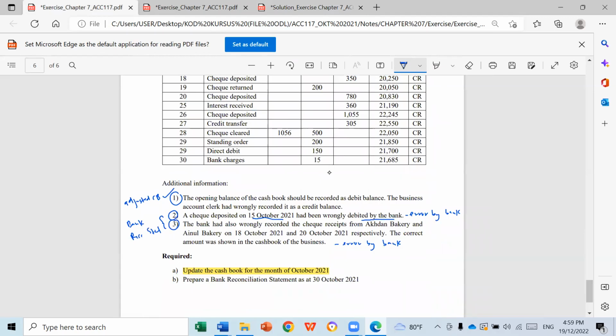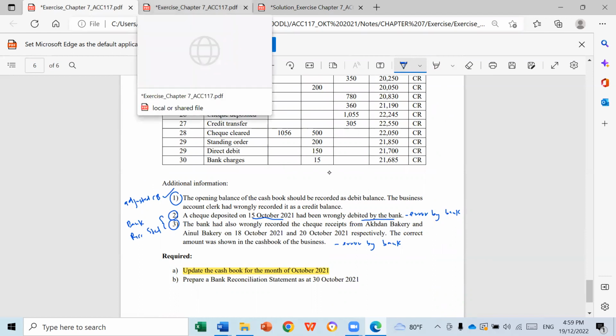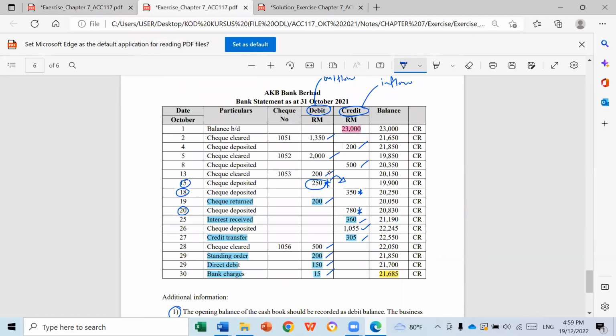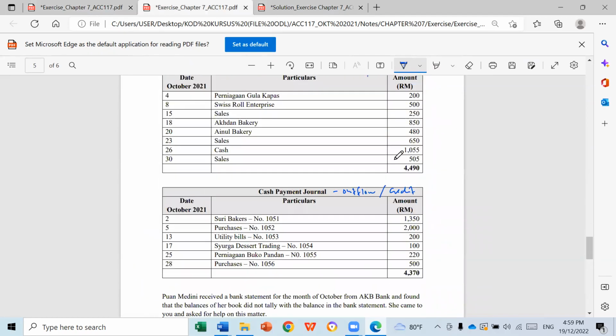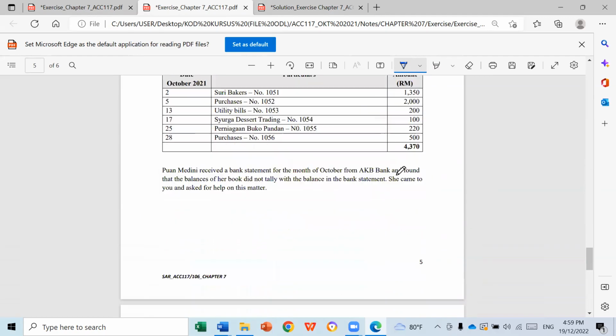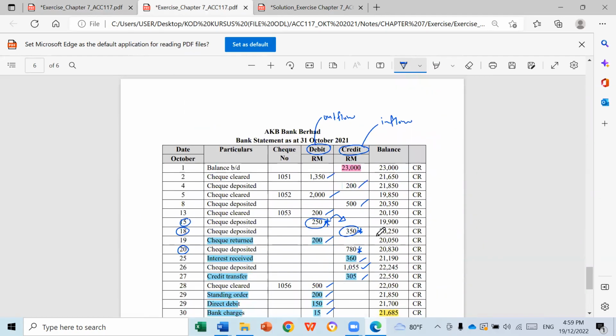Okay, next is to record the error made by the bank on the transaction of cash received from Afdan Bakery and Ainul Bakery. So if you look at this bank statement, the amount for Afdan is 850. Okay, but the bank only recognized 350. So we have to follow the error made by the bank.